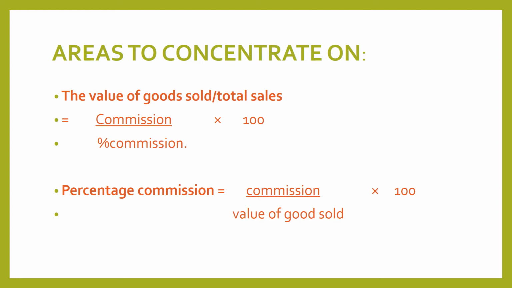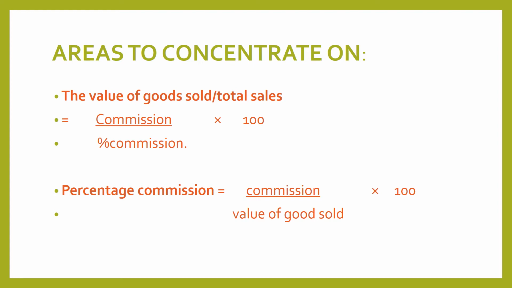If someone is asking you to find percentage commission, it is commission over value of goods sold, then multiplied by 100. These two formulas almost look the same. There is a relationship between the value of goods sold and the percentage commission. They are like husband and wife, brother and sister. They are always together.